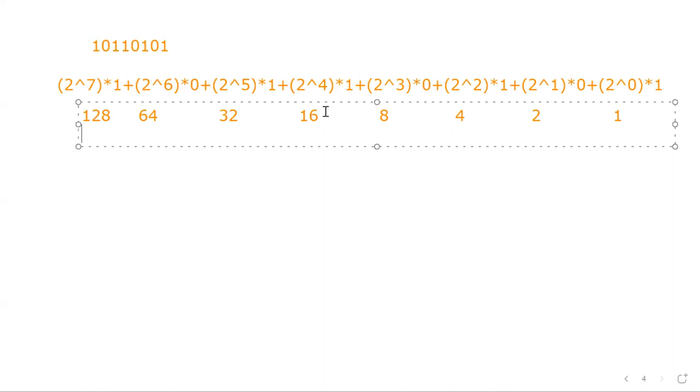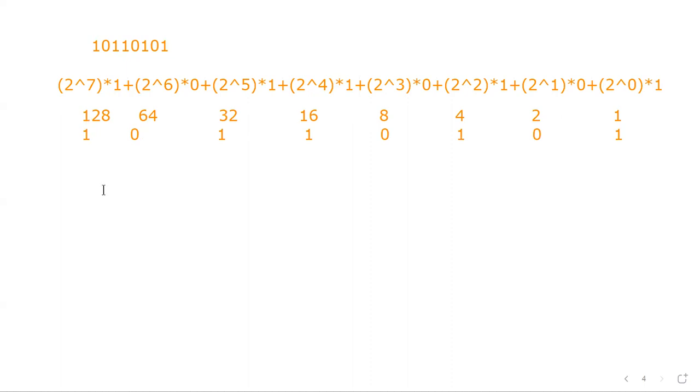Then we put our binary value 1, 0, 1, 1, 0, 1, 0, 1.